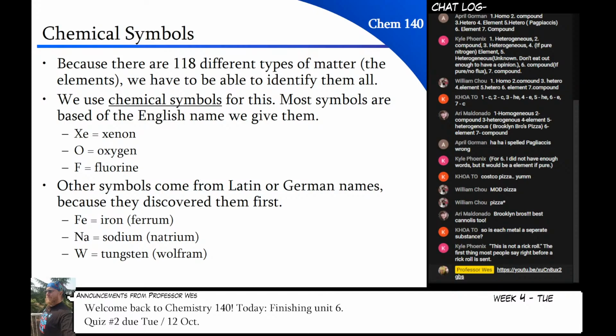Now, these symbols are universal. What that means is that this is not the letter capital X with a letter lowercase e after it. It is a symbol in the same way as this is a symbol. If I were to draw this like this, where I drew them both lowercase, or I drew them both capital, or something like that.